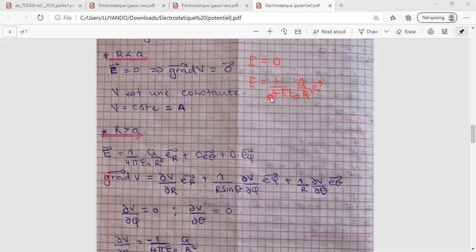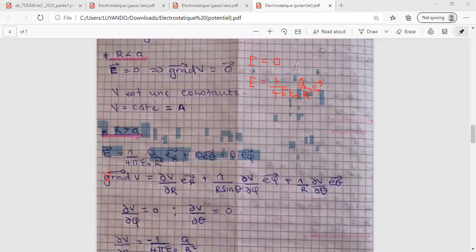Then at our exterior, we have our E equal to this. That's why we're trying to find the relationship between E and V. So we go to our exterior where R is greater than A. We said our E is equal to this guy in the direction ER.